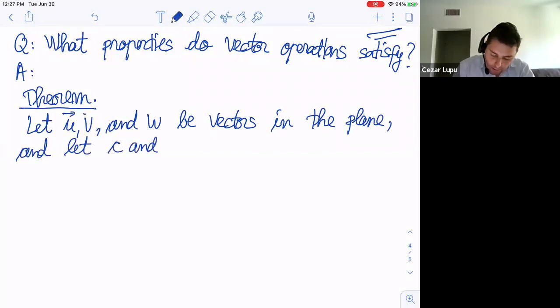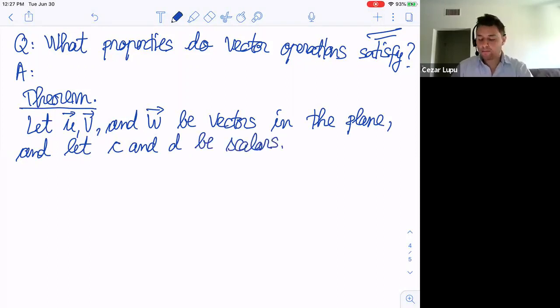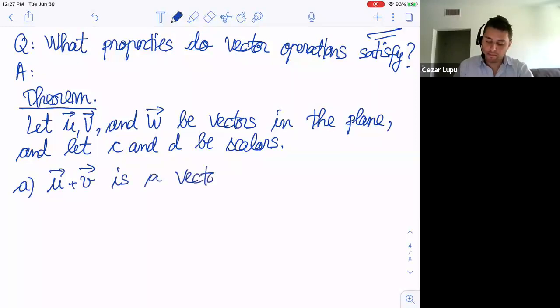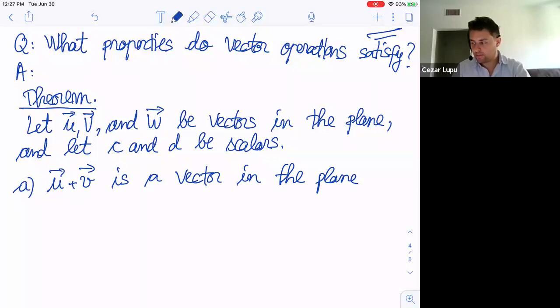I'm going to put an arrow here so you know they're vectors, and c and d are scalars. Then part A: u plus v, when you add these two vectors, is a vector in the plane. We have seen how we add them. It's nothing else than just the vector u plus v. So it's a vector in the plane.